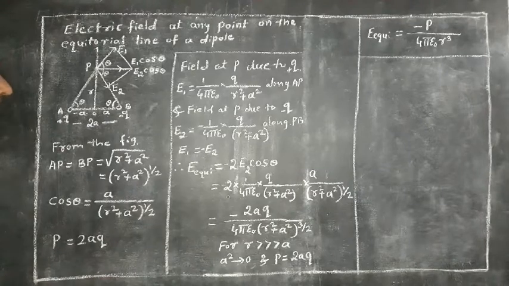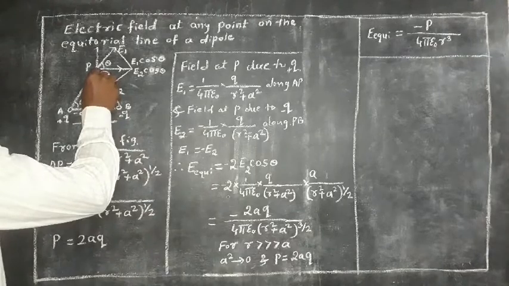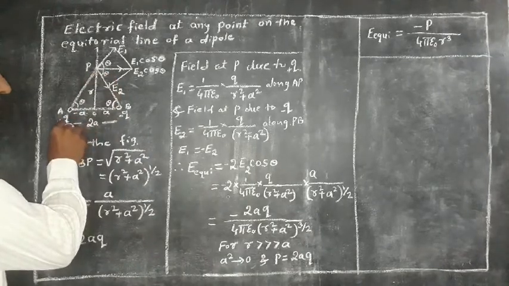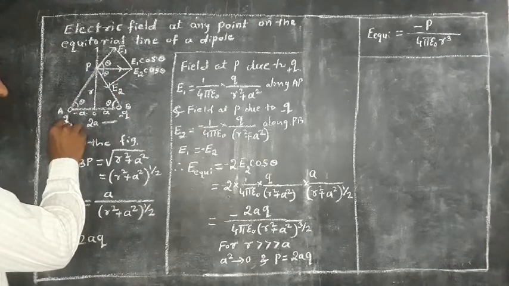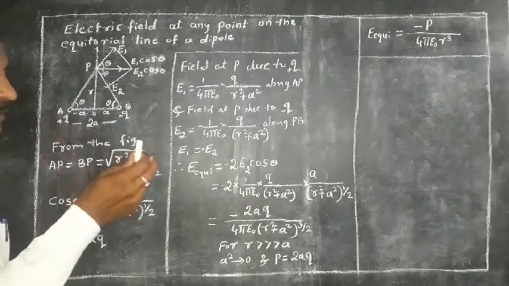Now to find the electric field at point P due to positive charge Q, let it be E1.